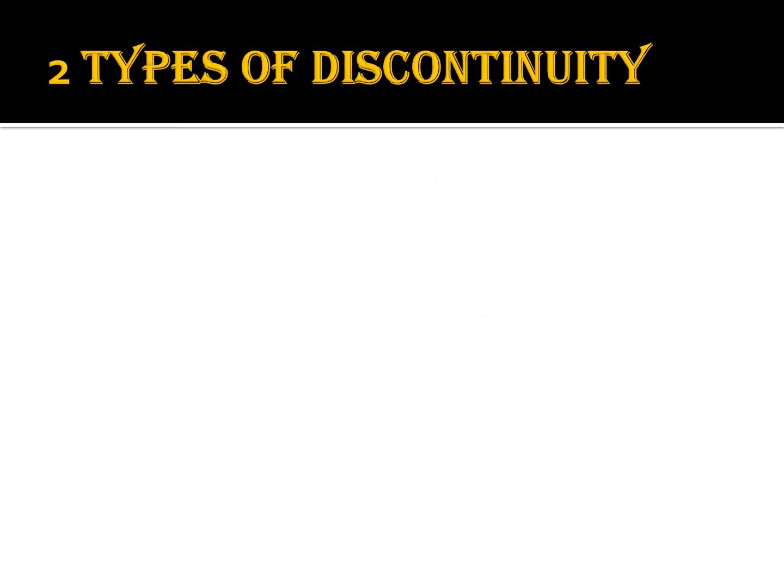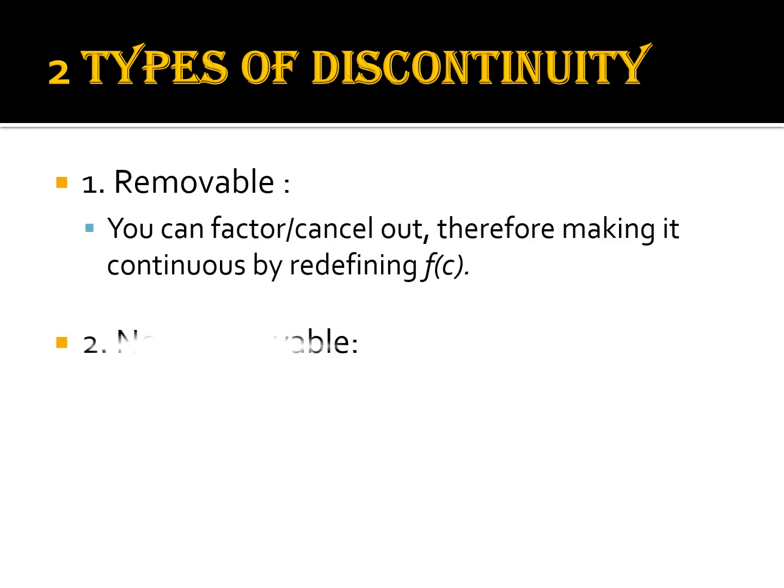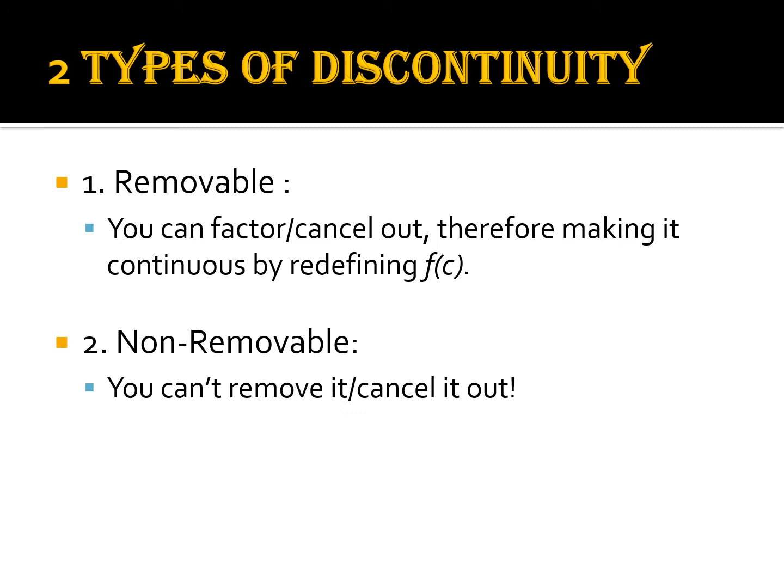So how many kinds of discontinuities do you know? We know there are two main kinds of discontinuity. One is removable discontinuity and the other is non-removable discontinuity. Removable discontinuity means that you have a hole in the graph, and this hole can be filled by another point where the function is defined.